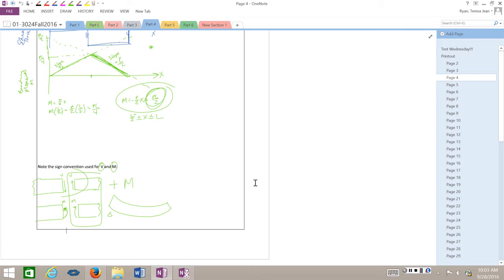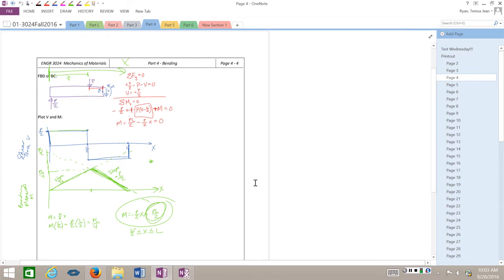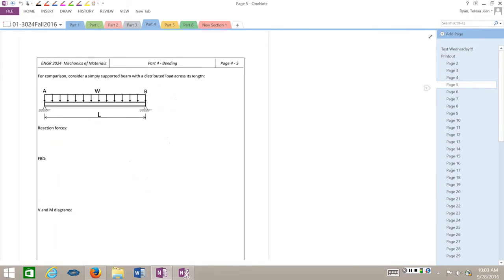So, we're now going to do another example. The first one we did, the simplest of all cases, is the simply supported beam with one concentrated force. We are now going to look at, not that one, where am I?